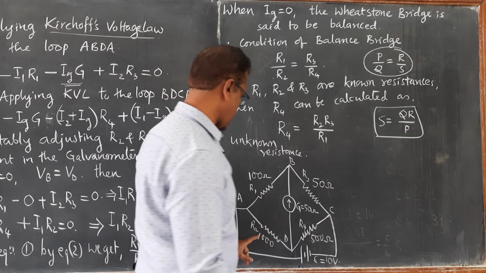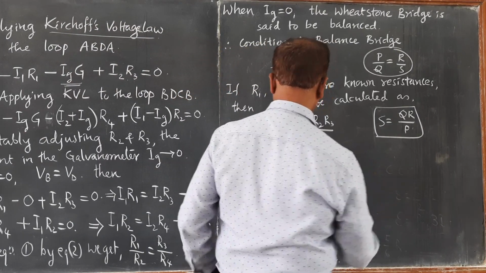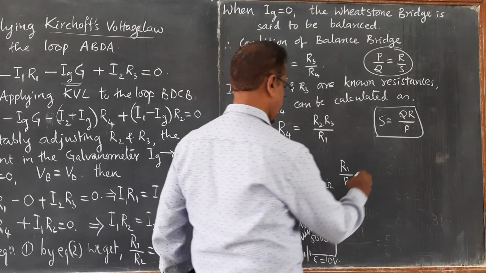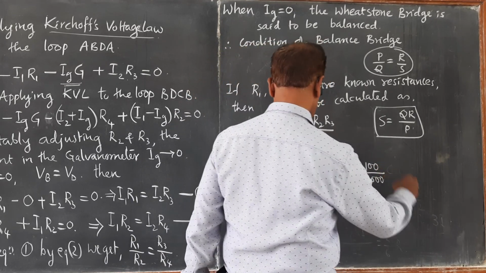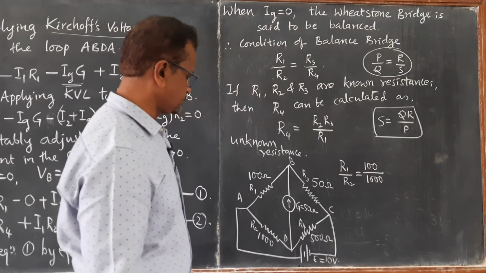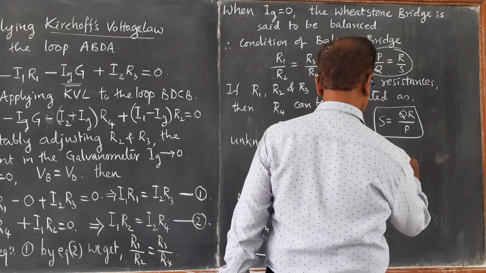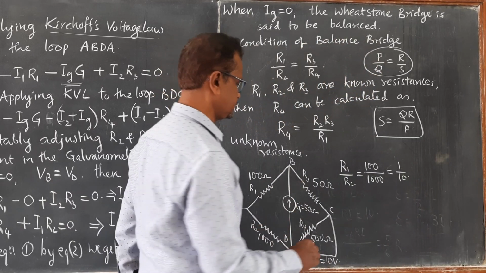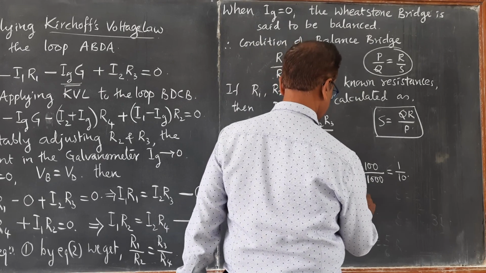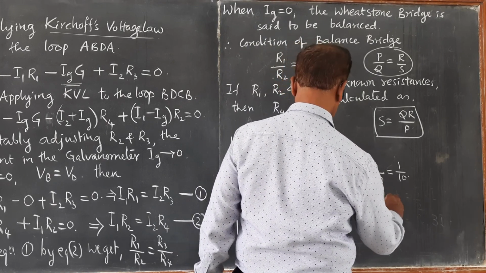So check what is R1 by R2. R1 by R2 is equal to 100 by 1000, so this becomes 1 by 10. What is R3 by R4? R3 by R4 is equal to 50 by 500.